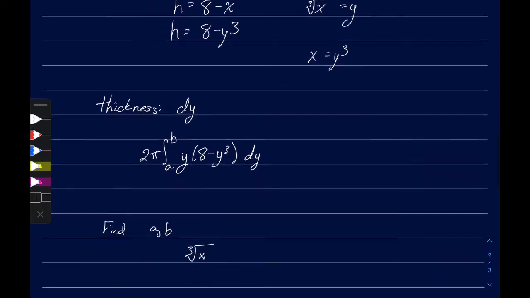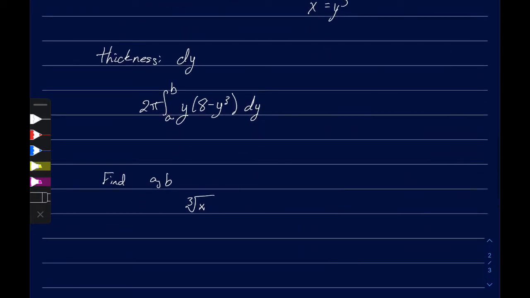So y cubed is equal to 0, that's our lower bound, and y cubed, our upper bound, is 8. So that tells us that y is equal to 0, and this tells us that y is equal to 2. Right, this is x equals 8.